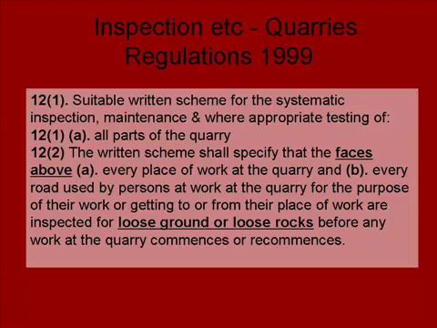The written scheme shall specify that the faces above A, every place of work at the quarry, and B, every road used by persons at work at the quarry for the purpose of their work, be inspected for loose ground or loose rocks before any work at the quarry commences or recommences. Inspection means such visual or more rigorous inspection by a competent person as is appropriate for the purpose.